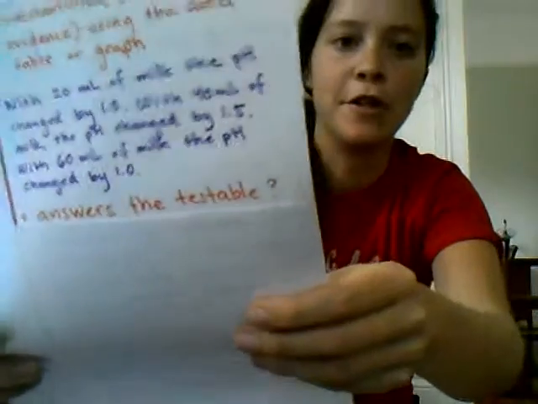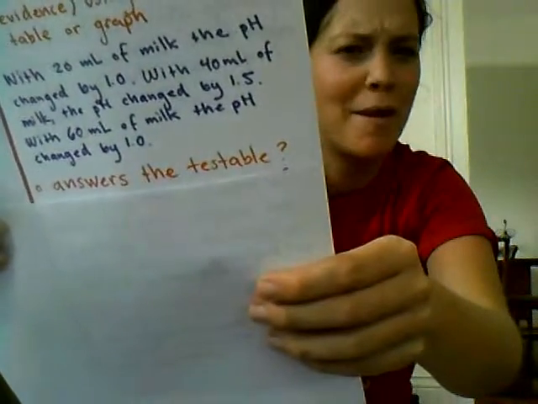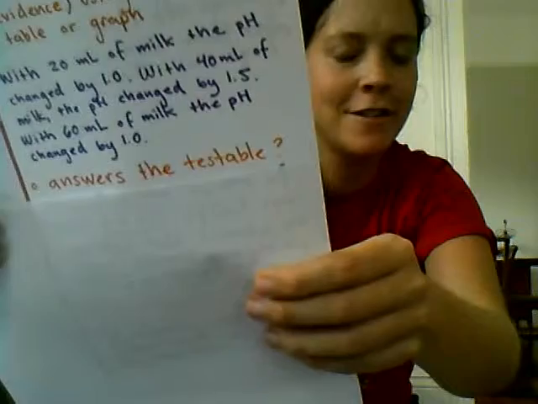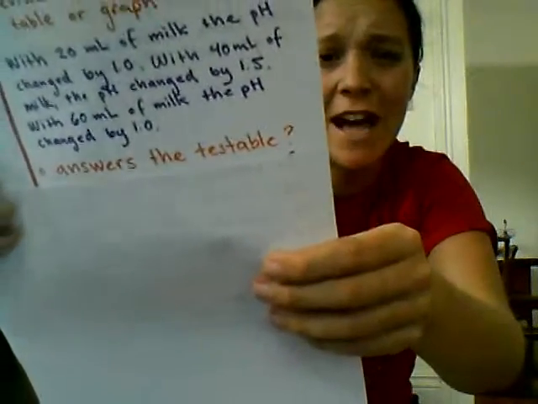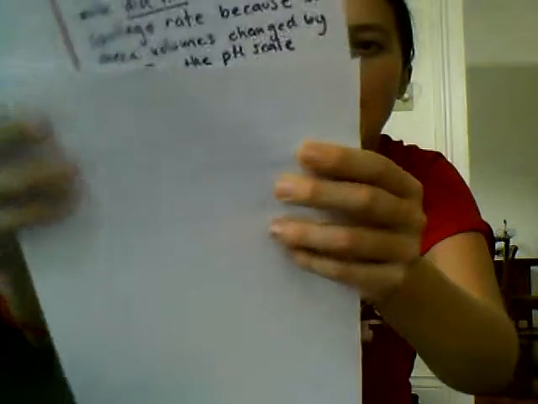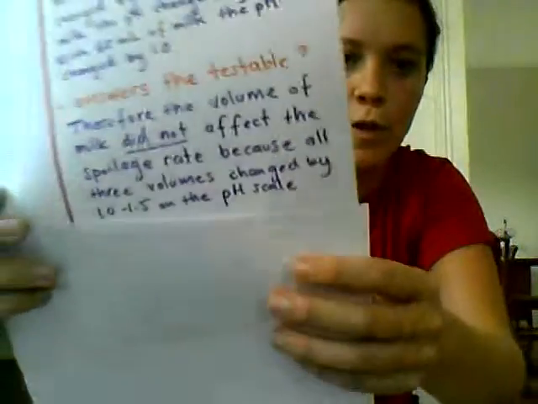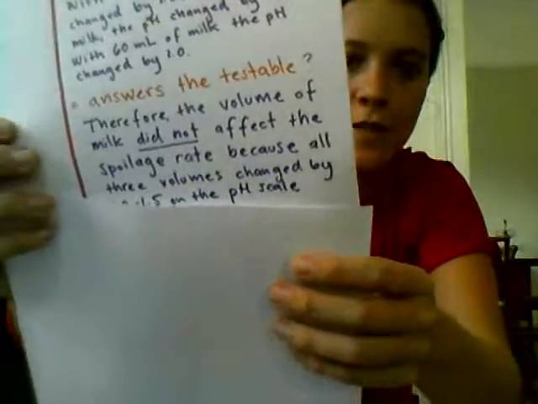The second part of your conclusion should answer the testable question. Do you remember what my testable question was? Yeah, is the volume going to actually matter? My conclusion was that it didn't. Go ahead and write that down. I will read it once, but you can pause the video if you need more time.